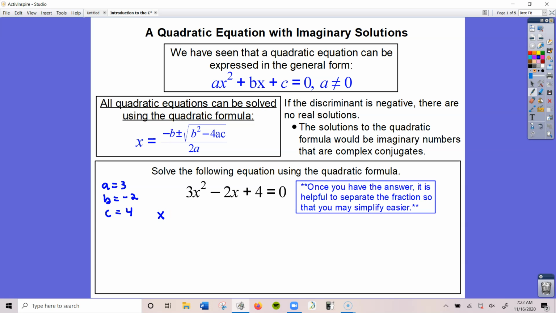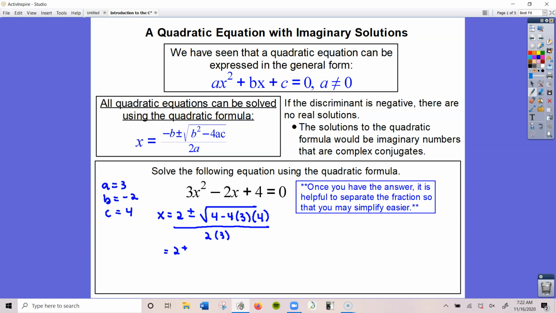So x equals negative b, so b now a positive 2, plus or minus the square root of b squared, negative 2 squared is 4, minus 4 times a, which is 3, times c, which is 4, and everything is over 2 times 3. Now we're just going to work this out so we can get our numeric answers.